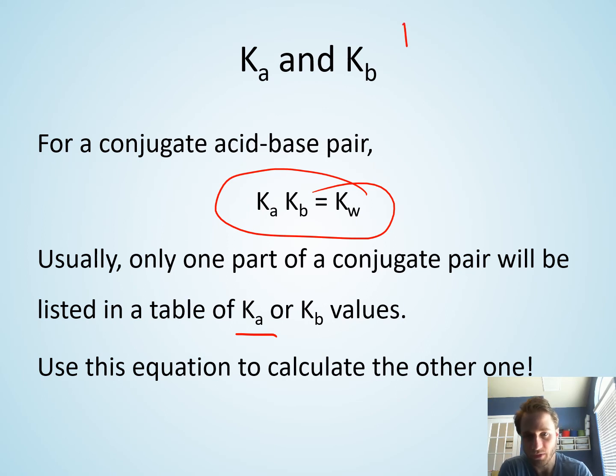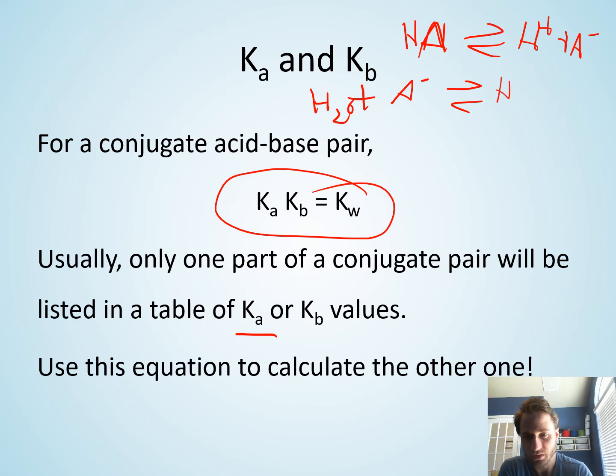For example, if I have a weak acid HA, going to H plus and A minus, then A minus itself is a weak base and undergoes a reaction with water to form, sorry, not H3O plus, I don't know what I'm doing here. A minus is a base, not an acid. This forms HA plus OH minus.